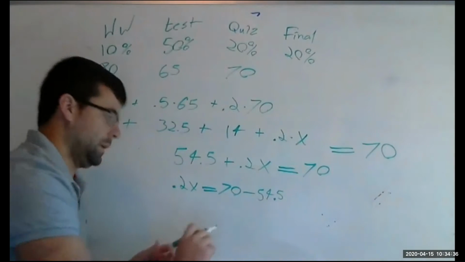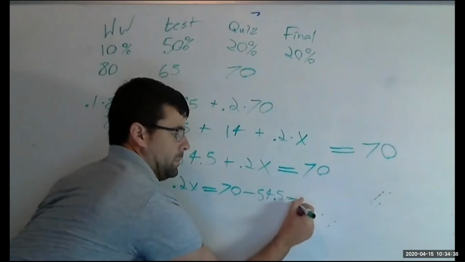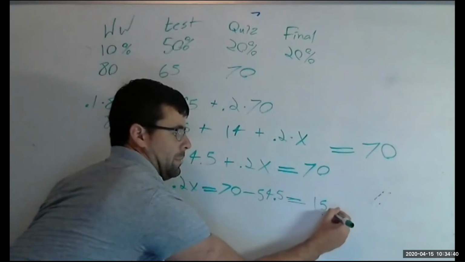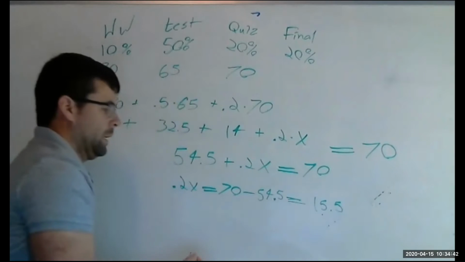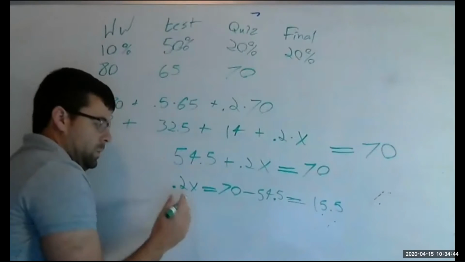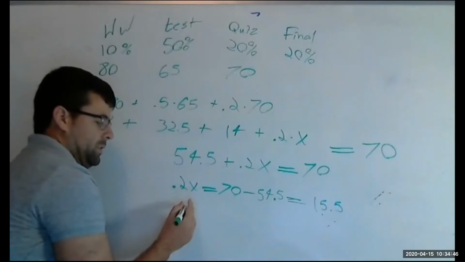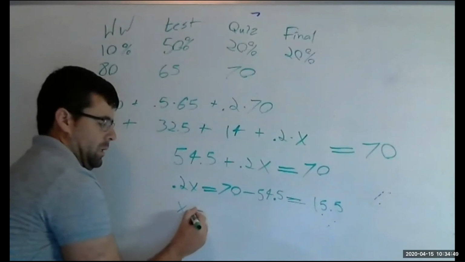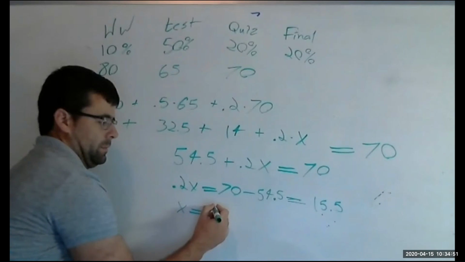It's 15.5. Yep. So we have to divide this 0.2x to get rid of it.